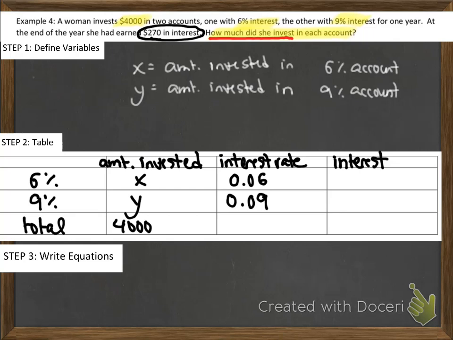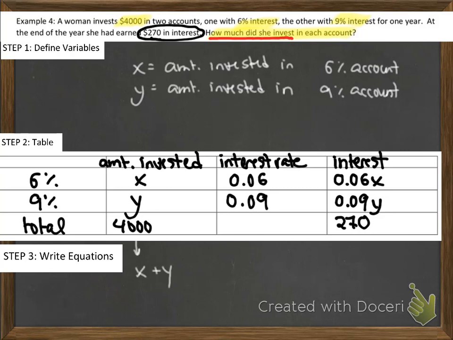So we know that the total amount of extra money that she didn't have before is $270. Then, like always, we are going to multiply across to find the other values. So the amount of money that she has from the first account is 6% of the amount she invested there, and the amount of money that she has for the other account is 9% of whatever she invested there. Again, the reason we go through all this work is because the equations just fall out.